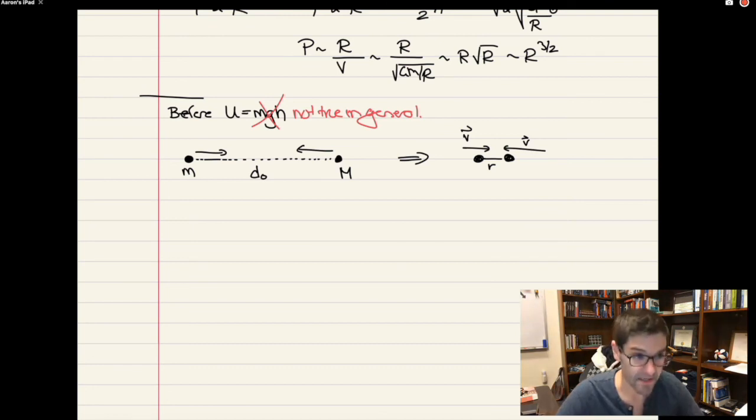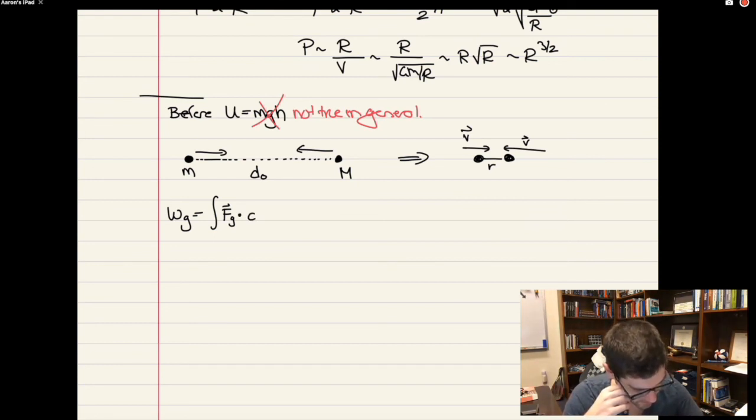So let's take this example, and let's calculate the work that's done by this universal gravitational force. Let's focus on the work done on the right object from the left object. It's feeling a gravitational force acting on it, which is pulling it and making it move across some distance.